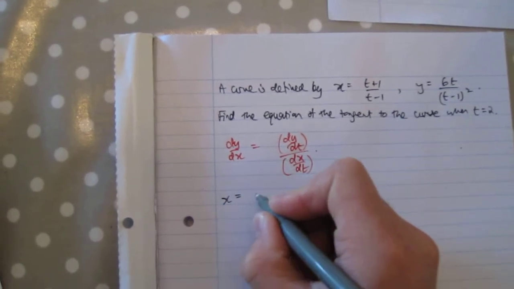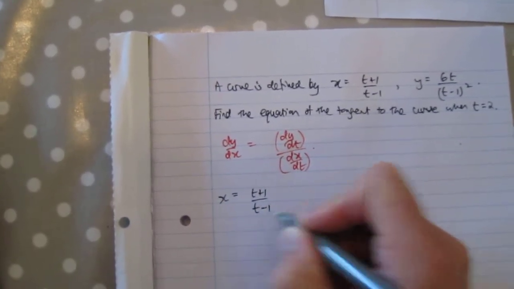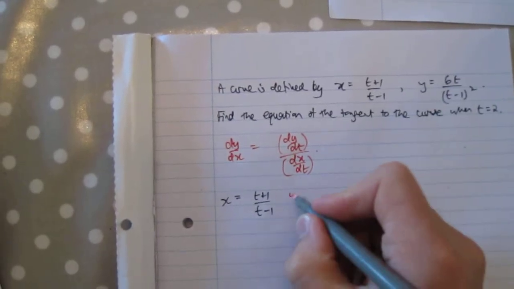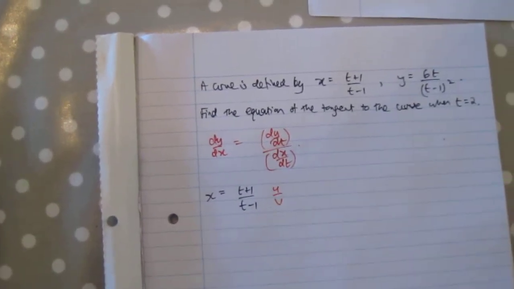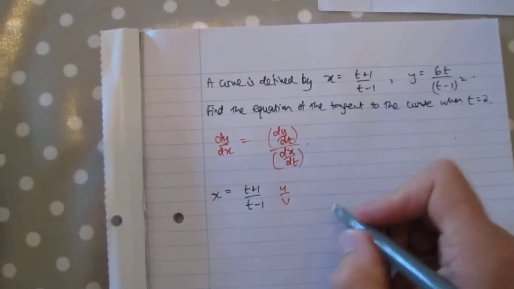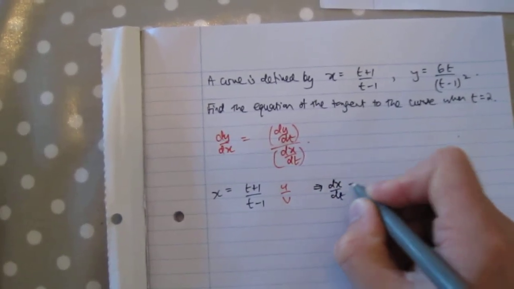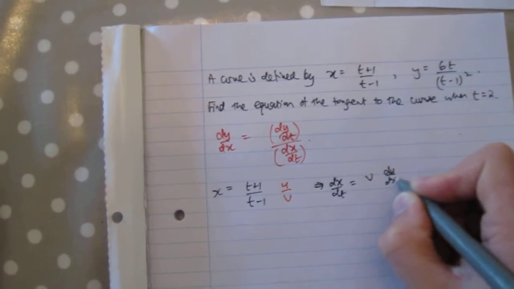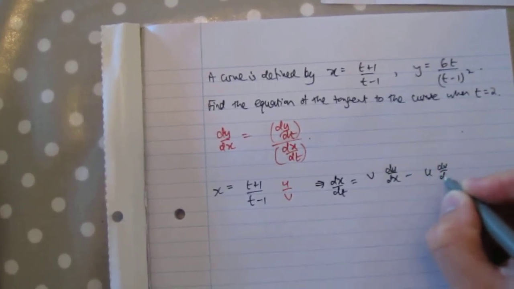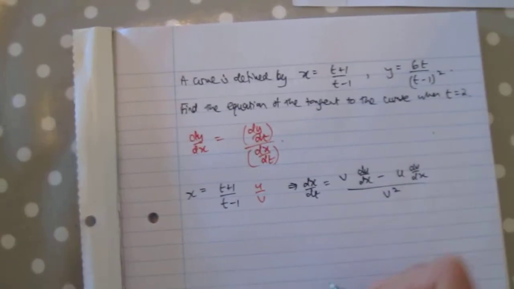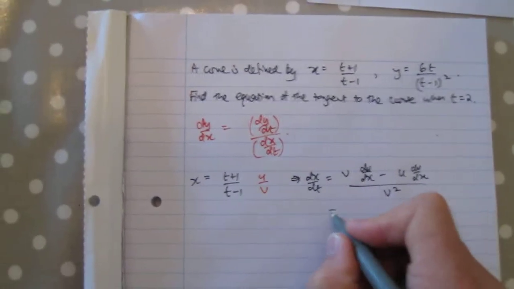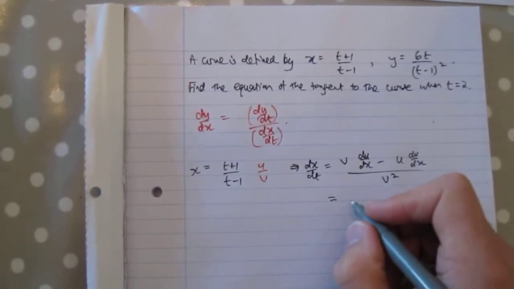So x equals (t plus 1) over (t minus 1), and this is going to be a quotient rule because we've u over v. So therefore dx/dt is v times du/dx minus u times dv/dx, all over v squared. It's coming from the log tables, so I'll presume we don't need to write out the u and du/dx this time.